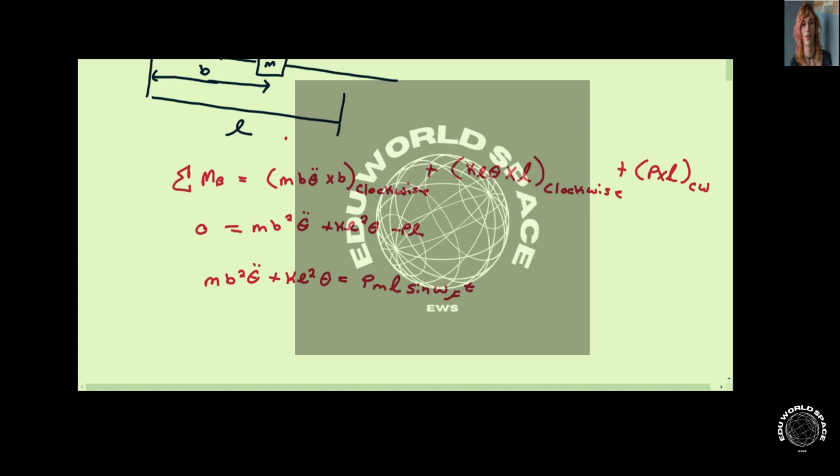So now we have to express this in terms of the standard differential equation, where M equals m b squared, K equals k l squared, and Pm equals Pm L. Okay?